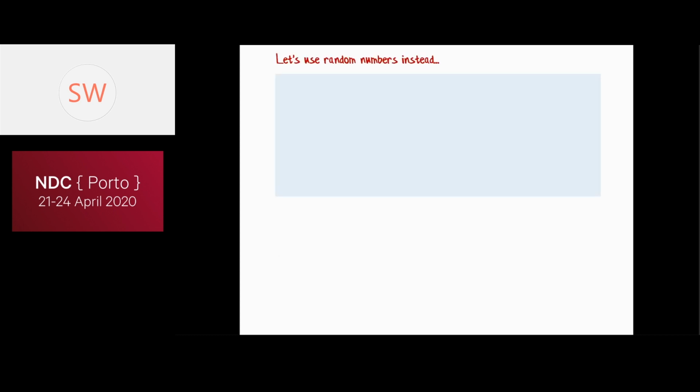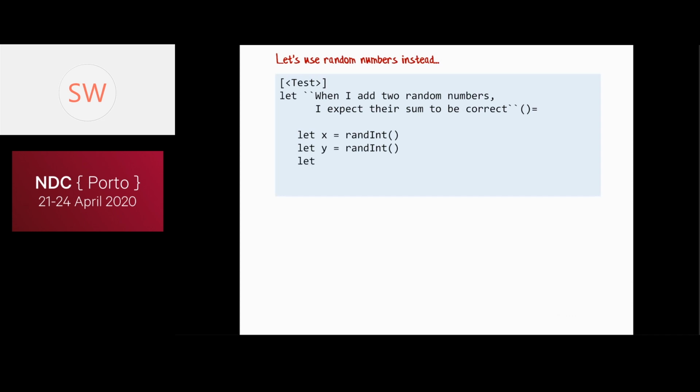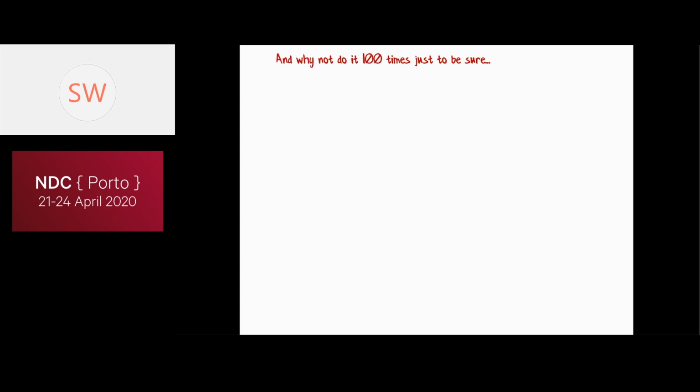Okay, so let's use random numbers. This way he can't guess what they are. So I take a random integer and another random integer, and I put down the expected answer, and I put the actual answer that I got from calling this function, and I check that the answers are equal. And this is fantastic.